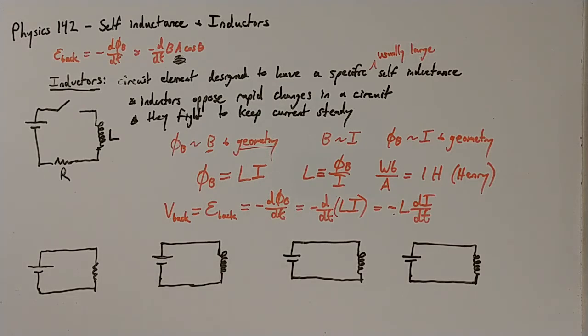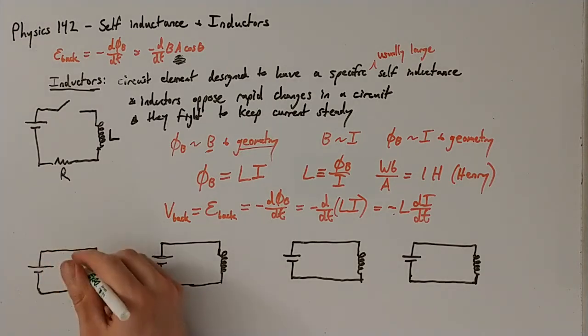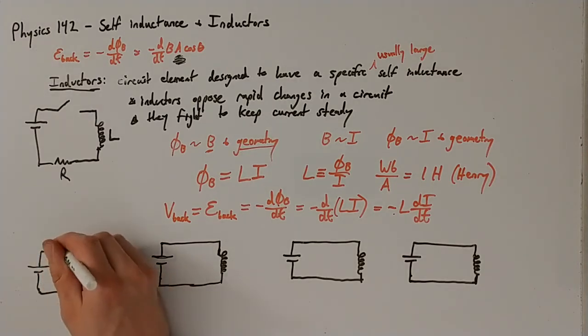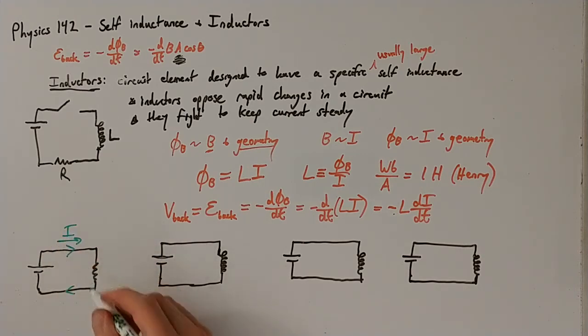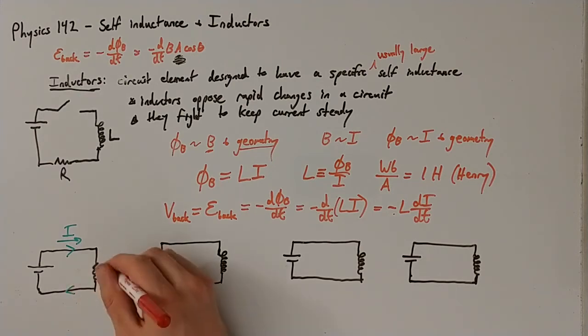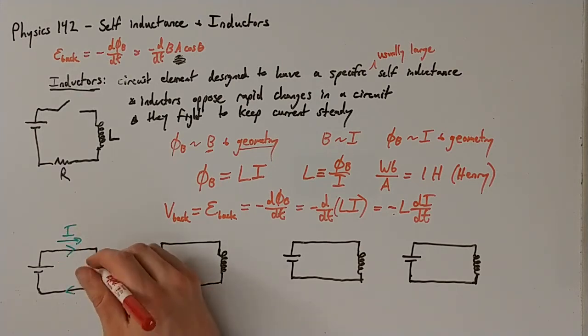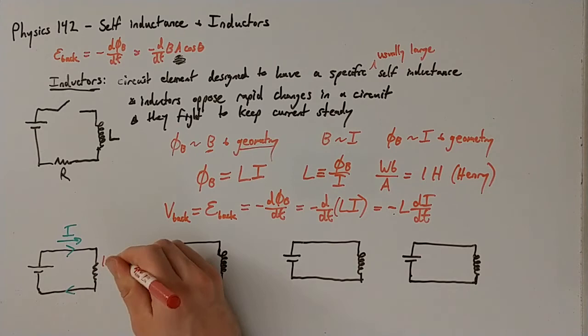So here's how I want to think about that. Normally in this circuit, we have the power supply, and the power supply is going to create some current. We'll have current, and the current's going to flow through here. And if we think about what happens as you go across a resistor, when you have current flow across the resistor, you lose potential.